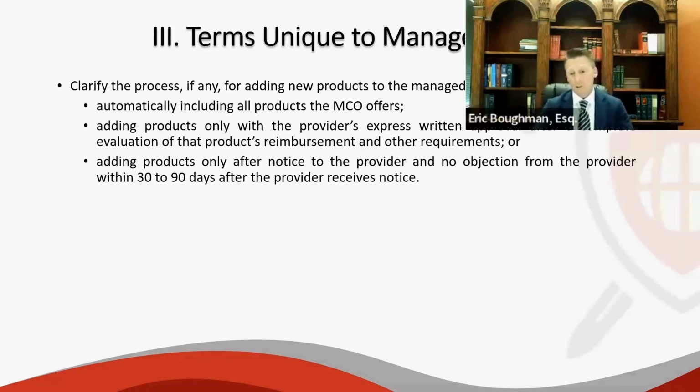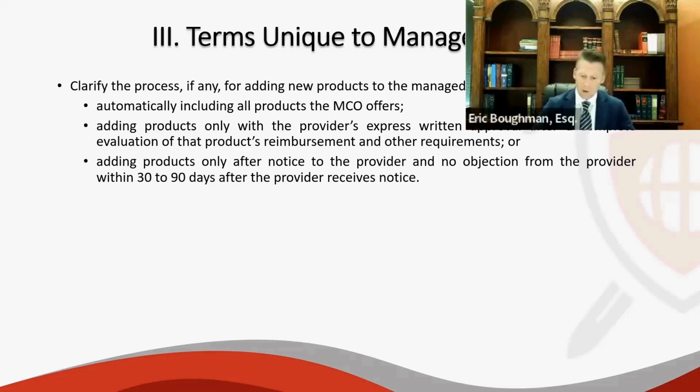You may offer certain services under the MCO contract while other services aren't covered. If those services become covered, they of course could be at a reduced rate. Are you required to provide those for the MCO beneficiaries, or is that optional? Do you have an opportunity to opt out? Just be aware that when you're looking at the contract and negotiating, you really want to give yourself the opportunity to review any changes.